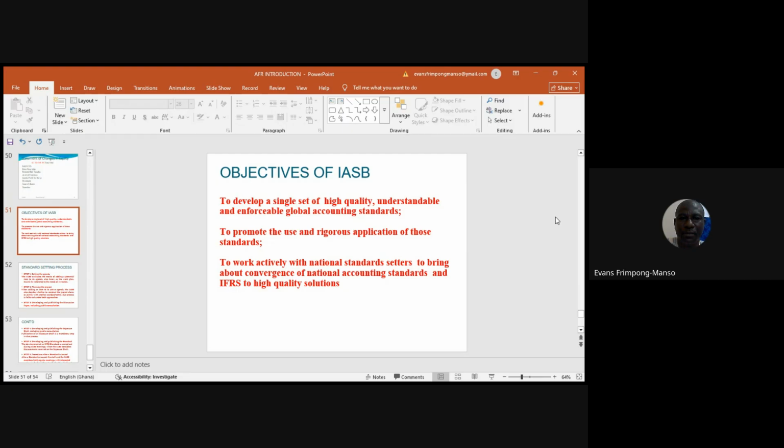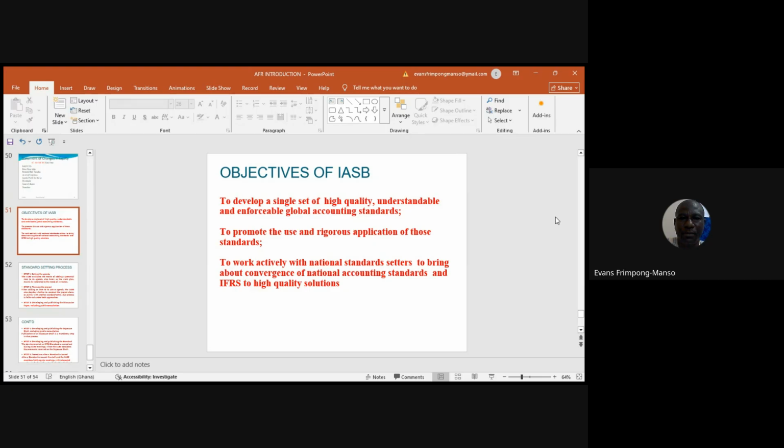So if you look at the objective of the International Accounting Standards Board, it is to develop a single set of high quality, understandable, and enforceable standards. So you see, enforceable. If you become a member of the International Federation of Accountants, there's no way you will not apply the accounting standard. It becomes enforceable.